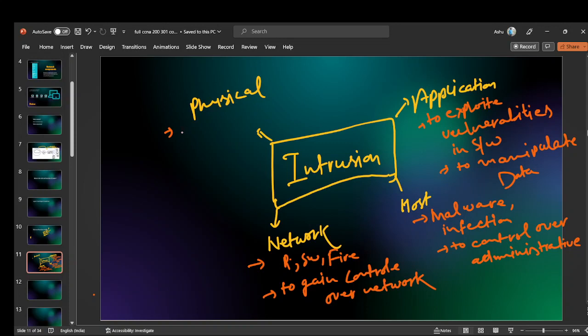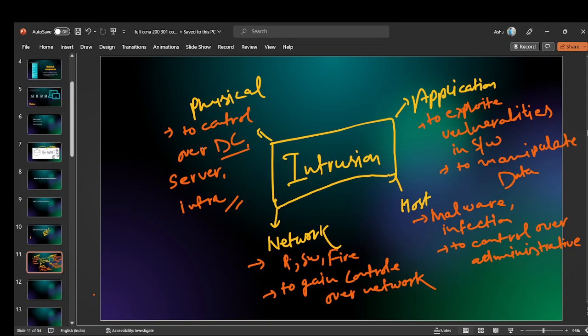That means unauthorized access, to control over the data center, DC, server room. That means the intention is gaining access to sensitive hardware, data and infrastructure. Clear? This is the point. Physical intrusion.